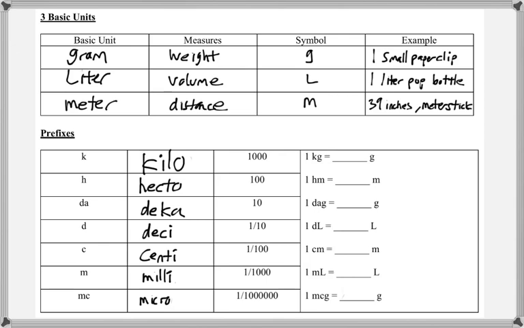So some examples: 1 kilogram is the same thing as 1,000 grams. 1 hectometer is the same thing as 100 meters.